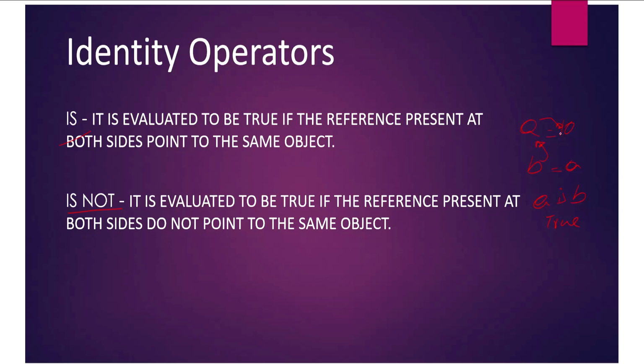Since both are pointing to the same memory location where this 10 value is stored, say 10 is stored at memory location 200, and a and b are pointing to the same memory location, this is evaluated as true. And for is not, as we have seen earlier, it will do the inverse. If it is true, it will make it false. If it is false, it will make it true.